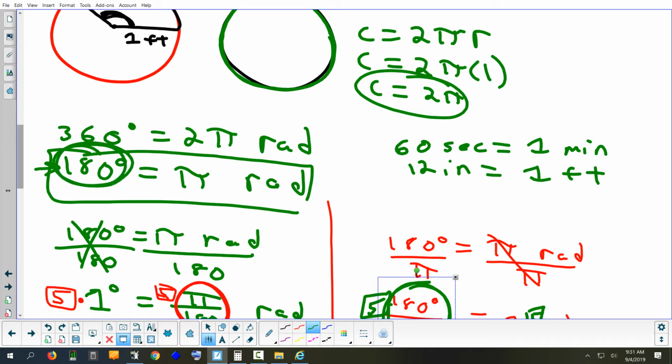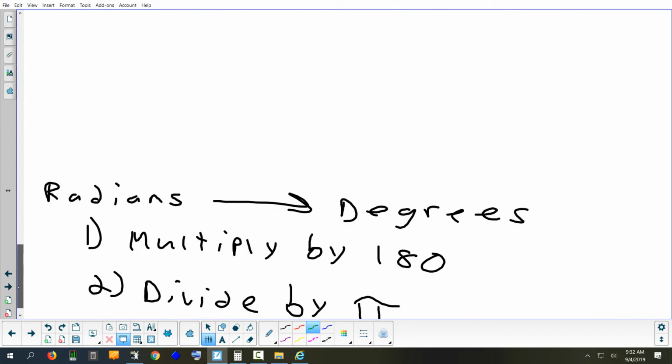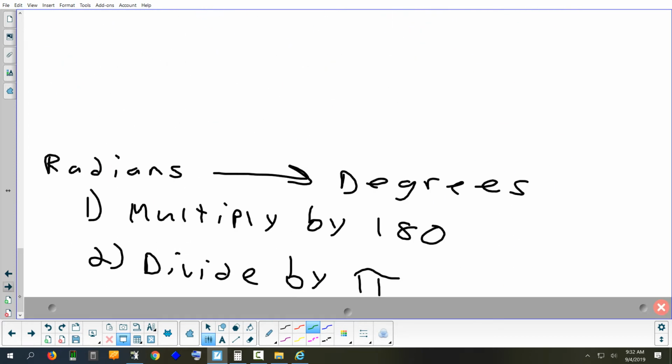Okay, so when I say degrees, think 180. When I say radians, think pi. Just associate those 2 things together. Degrees, 180. Radians, pi. If you can remember that, then these 2 steps and these 2 steps become automatic. You just have to remember 180 degrees, pi radians.